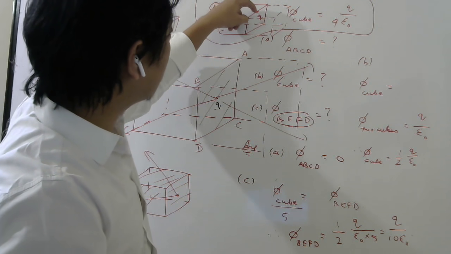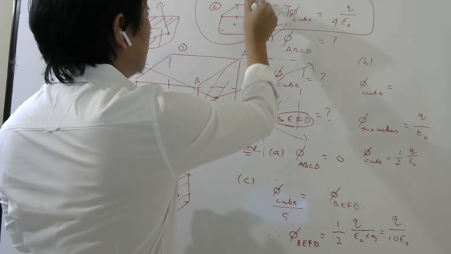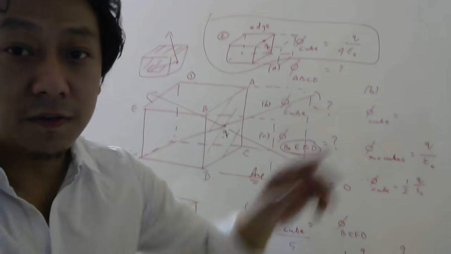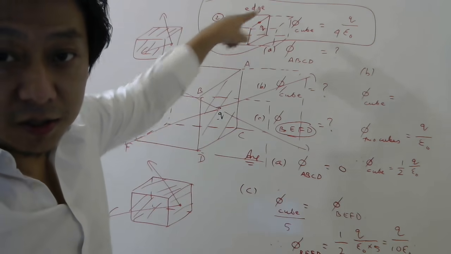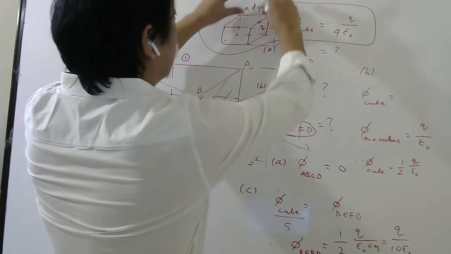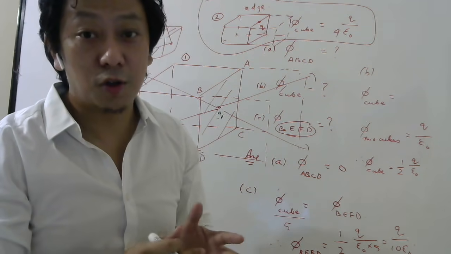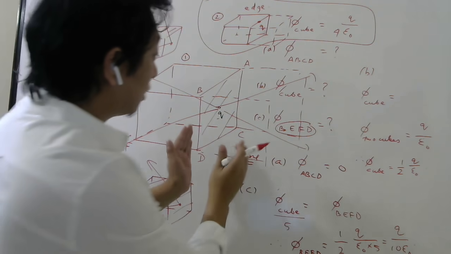So if they put the charge on the edge of the cube, then you have to construct 4 cubes so that the charge comes in the middle of the 4 cubes. If I put it at the center of one face, then I have to put just one more cube.